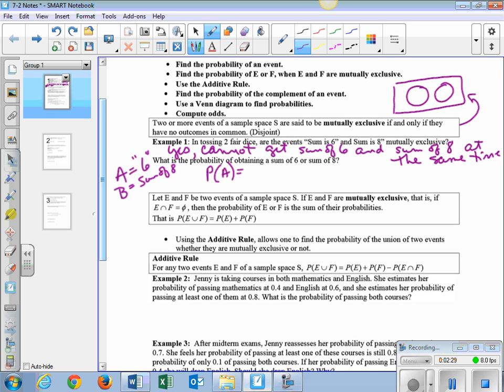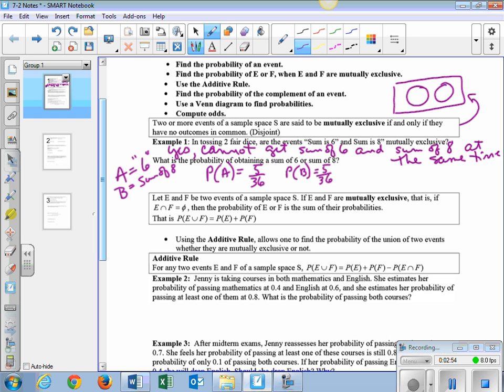Well, I see that that happened 5 times out of 36. And also count up the number of times that we got a sum of the two dice to be 8. And if you look at that chart, I got that to happen 5 out of 36 times as well.